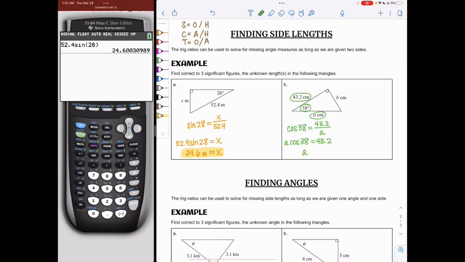So I'm going to have A is equal to 43.2 divided by the cosine of 38. So when I type that in, I end up with A being approximately 54.8, and I know that is centimeters.